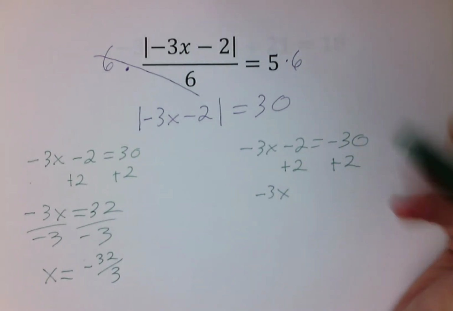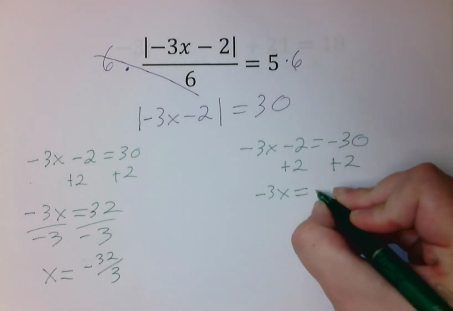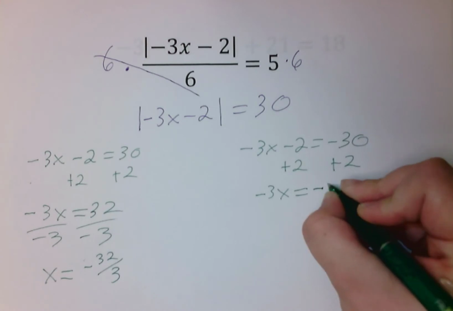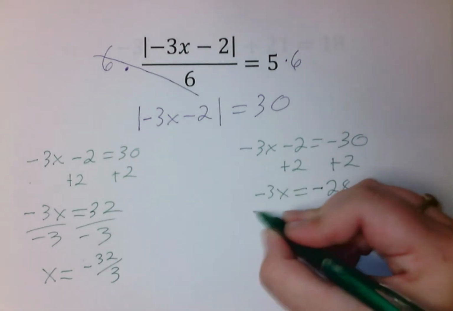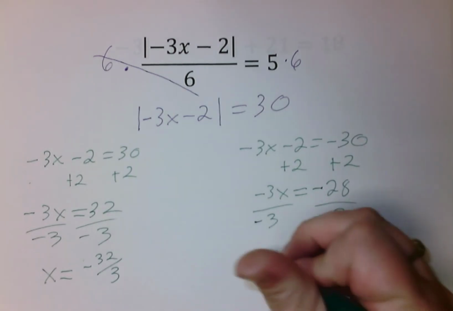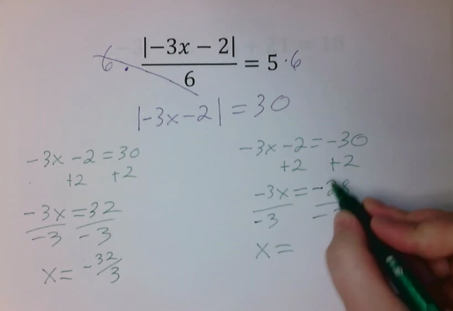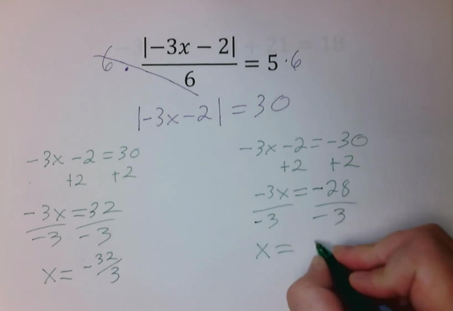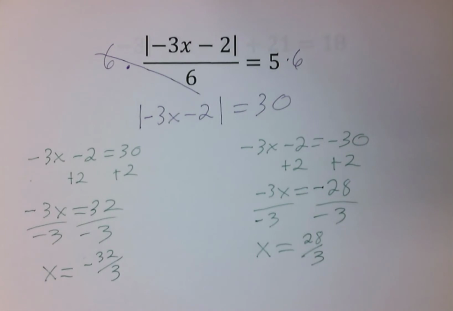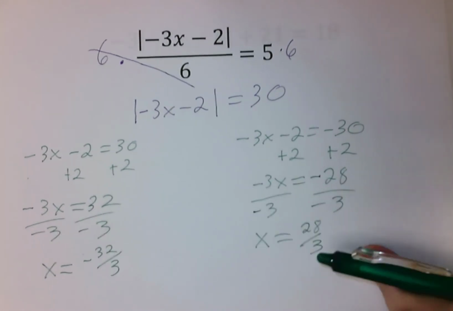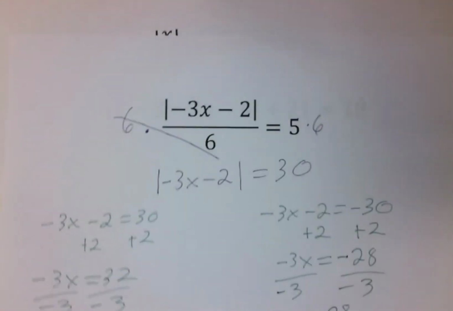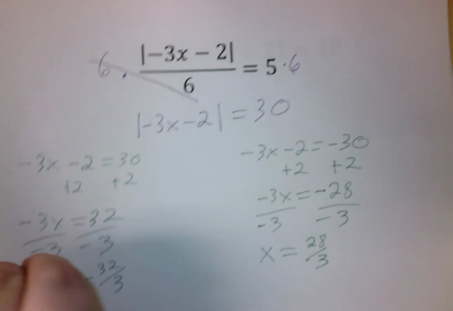Do the same steps on this side over here. Divide both sides by a negative 3. That doesn't simplify, but a negative divided by a negative is a positive. Yes, I know these are all fractions.